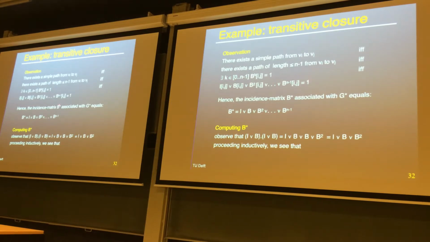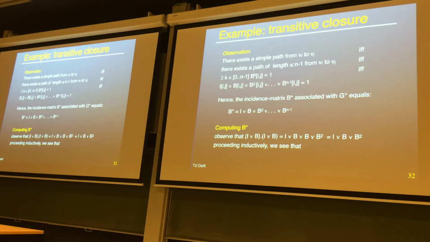So, if we would compute the incidence matrix B star, then B star would be equal to I, or B, or B to the power 2, or B to the power 3, or B to the power n minus 1. This is the expression for B star.